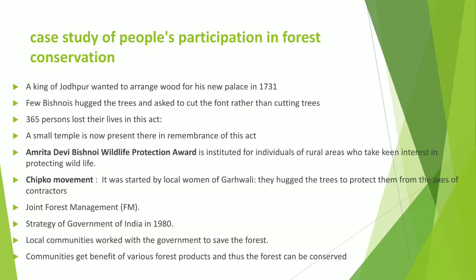Now, first let us take the Amrita Devi Bishnoi Wildlife Protection Award. This is given to individuals of rural areas who have taken care of the forest. What is this award? There is a rural place in Jodhpur, and the king of Jodhpur wanted to arrange wood for his palace.